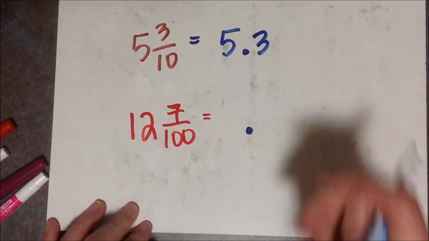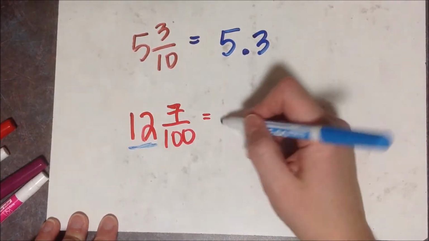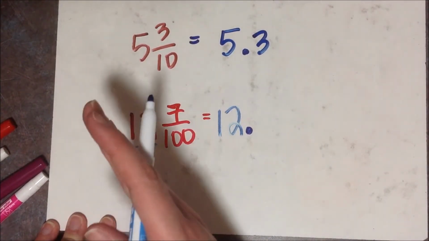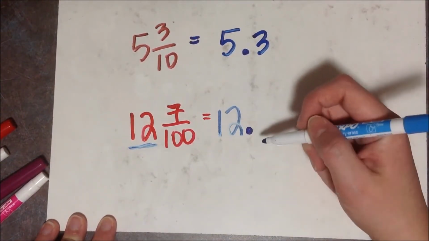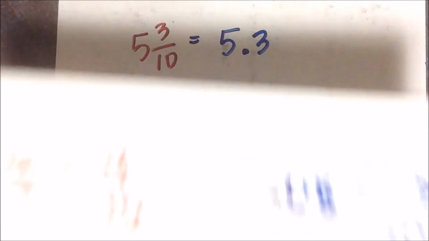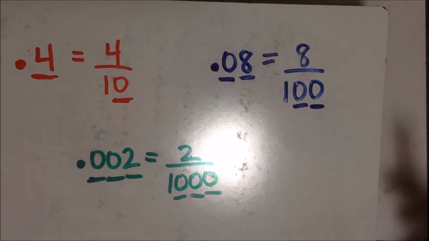I'm going to put my decimal point down there. So again, 12 is a whole number. It's going to stay a whole number right there on the left side of the decimal point in the whole number spot. And then 7/100 is sort of like this 0.08 over 100 thing, right?